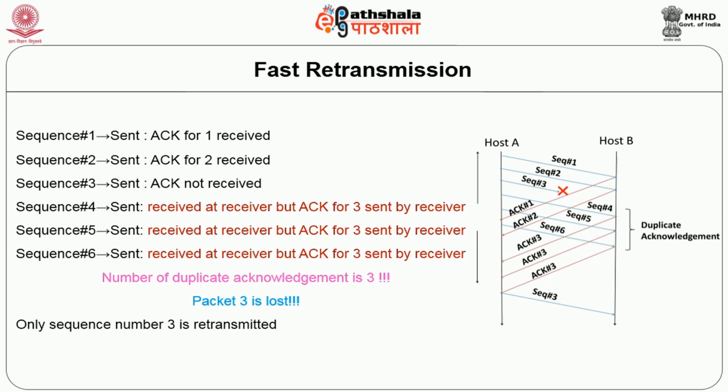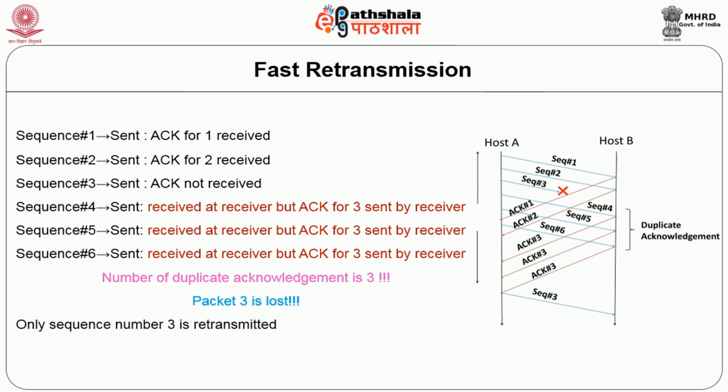Now by getting these 3 duplicate acknowledgements, duplicate acknowledgement for segment number 3 sent again and again, it is reasonably concluded that segment number 3, or the packet number 3, is lost, even if the retransmission timer has not expired. Therefore only segment number 3 is retransmitted. This is what is known as the fast retransmit algorithm.